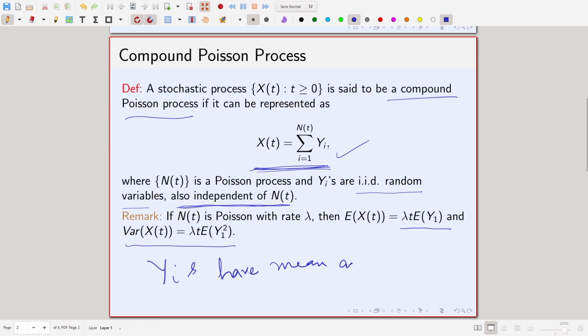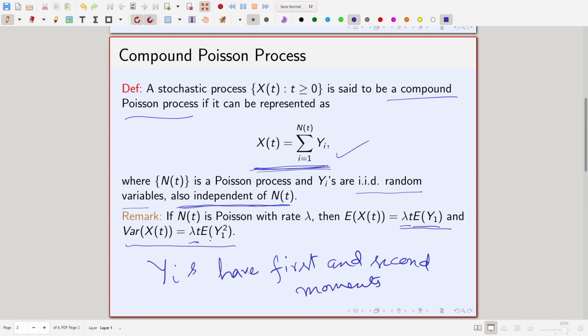So we are assuming that the Y_i's have first and second moments. Then only these formulas are valid: the expectation of X_t is lambda t, which is basically the expectation of N_t times the expectation of Y_1, and the variance of X_t is again lambda t, which you can think of as the variance of N_t, because N_t is Poisson lambda t, so its mean and variance are the same.